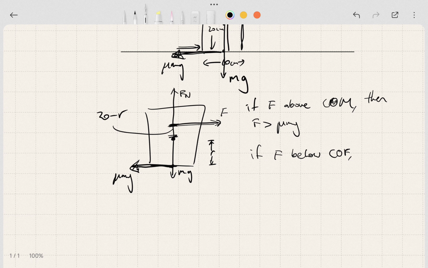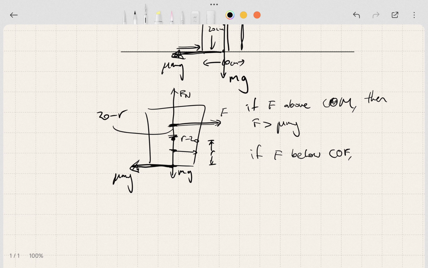If it's below, then the distance from the force to the point there would be r minus 20. Let's park this conversation and come back to it later.